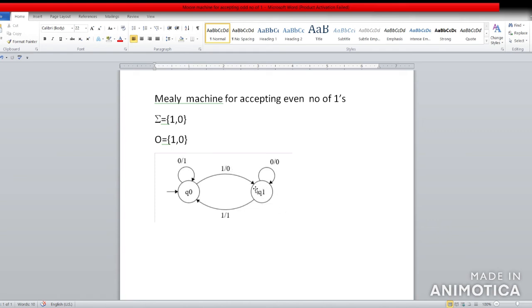So Q1 is the state when machine is in the odd number of 1 state. So if any zeros are there, machine is in the same state with output 0. And again it comes back when there is a further one. So the next one means machine again is in the even number of ones state. So it gives the output 1, and machine goes to the state Q0.